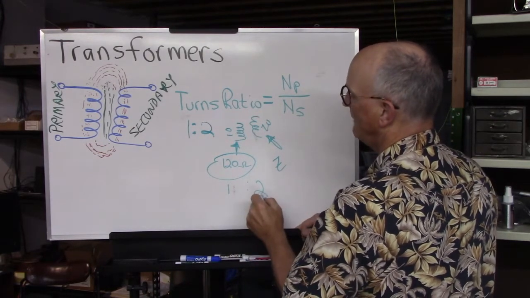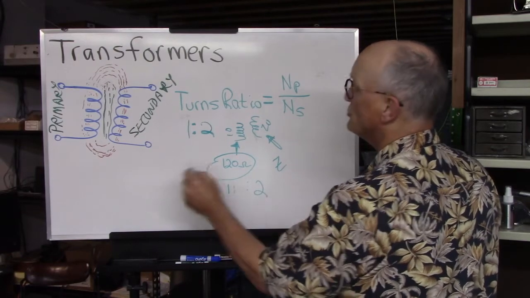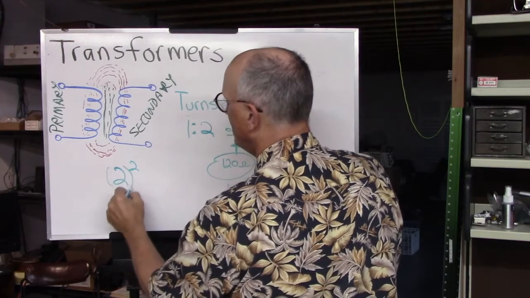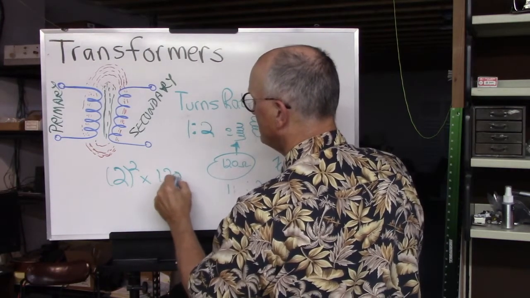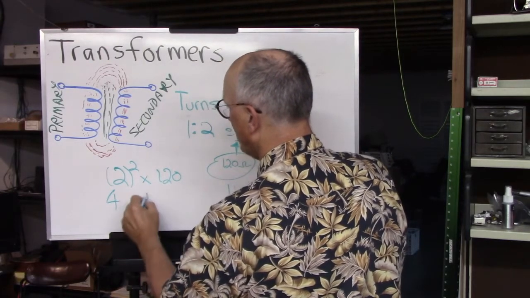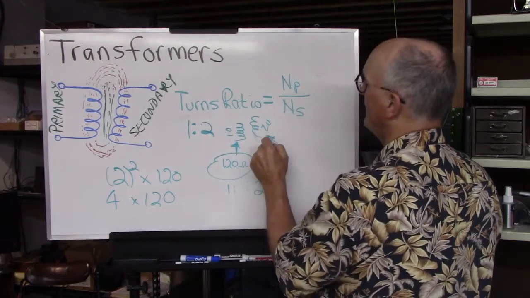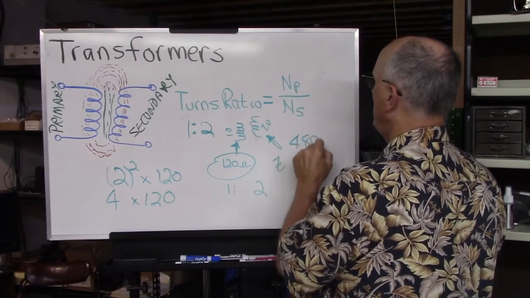We have doubled the number of turns, so 2 squared times the 120 ohms. 2 squared is 4 times 120. That means that this secondary over here has an impedance of 480 ohms.